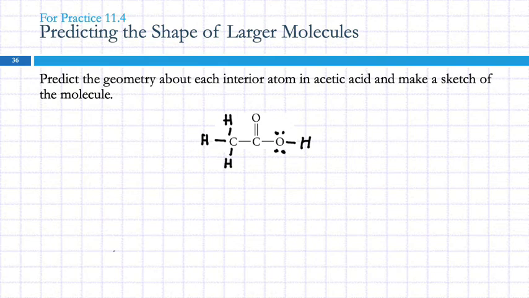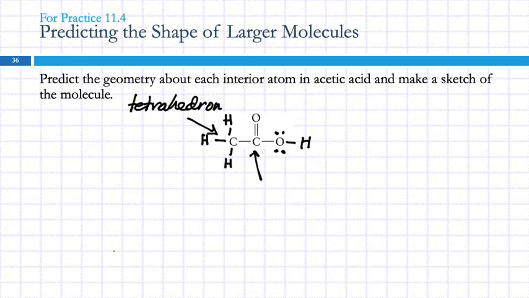There'd be 2 lone pairs on the oxygen. So what is the geometry around this carbon? That's a tetrahedron, right? There are 4 electron groups, no lone pairs. Electron geometry and molecular geometry are the same.